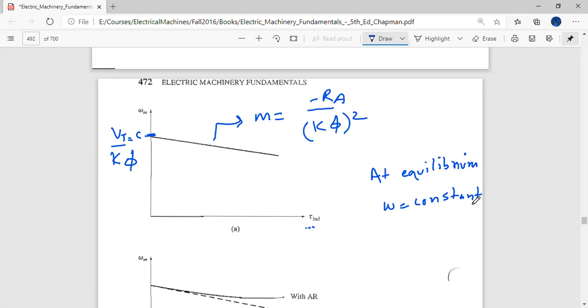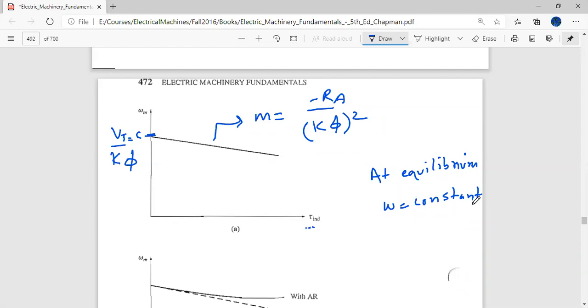Now what happens is you start to put some mechanical load on the machine, and let's say you have set the mechanical load to some value, let's say x. At x mechanical load, the motor will again be under equilibrium, and it will be running at some again constant angular speed, which may be omega x. You change the load and make the mechanical load equal to y.